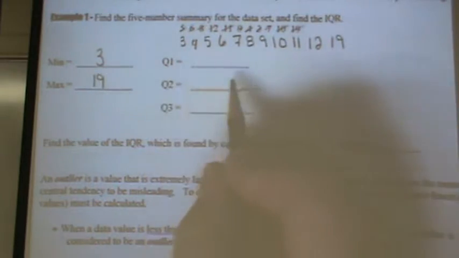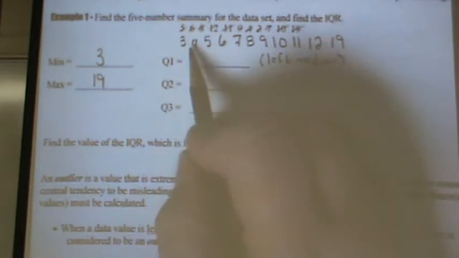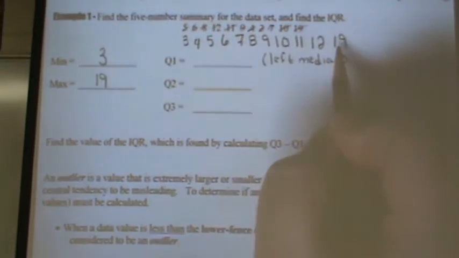Now for our Q values, or our quartiles, remember that for Q1, after we found our median of the entire set, we're looking at the left-hand side. So I like to make a little note: this is the left median. Q2 is just our regular median of our entire set.